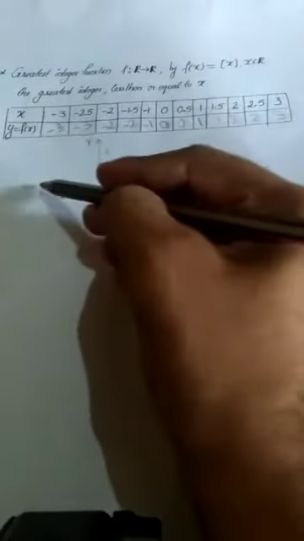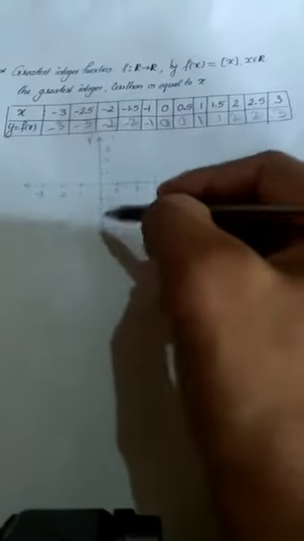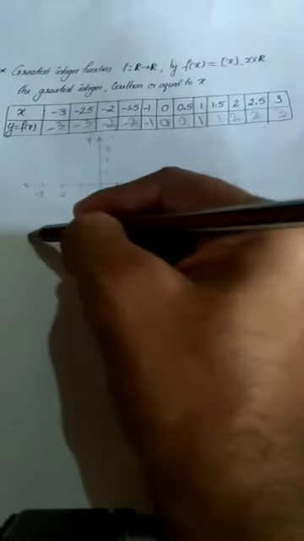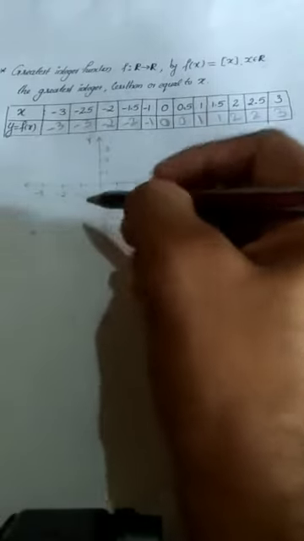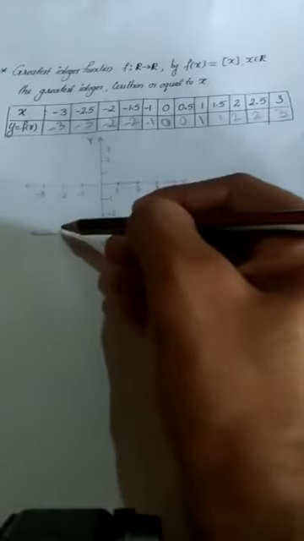Next we are drawing the graph of this function. From minus 3 to minus 2, it is minus 3. But the image of minus 2 is minus 2.